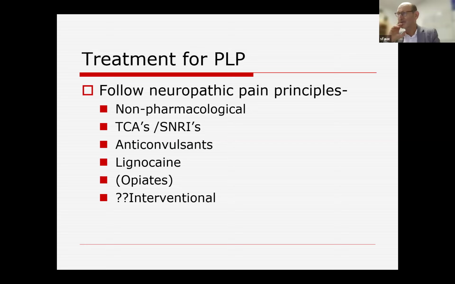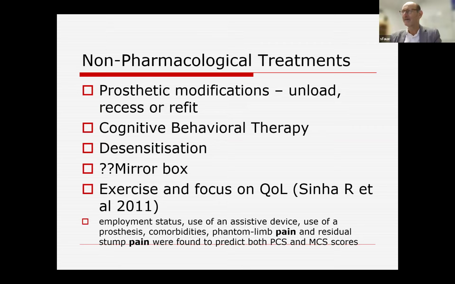Opiates should be avoided, and interventions are really only used to get people out of the emergency department or at very significant times. Non-pharmacological treatments, well, prosthetic modifications, unload or recess or refit the prosthesis to avoid the painful area. Cognitive behavioural therapy is quite good, teaching people how to put up with their pain.